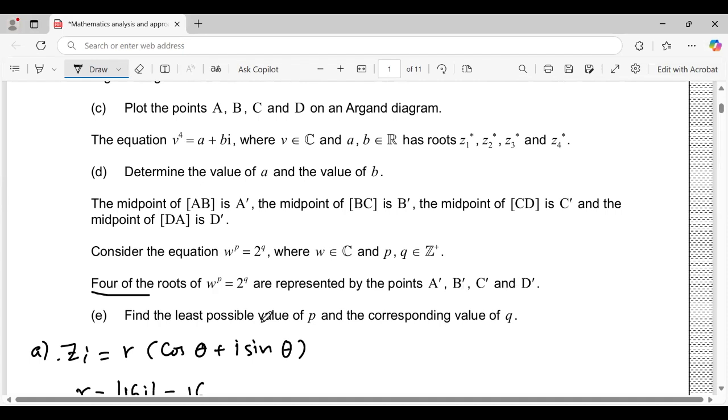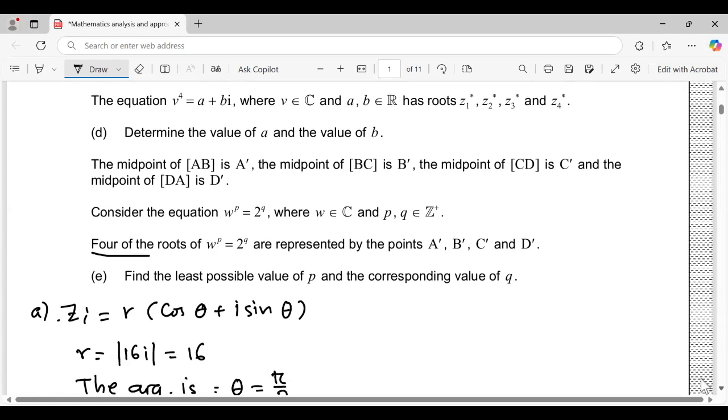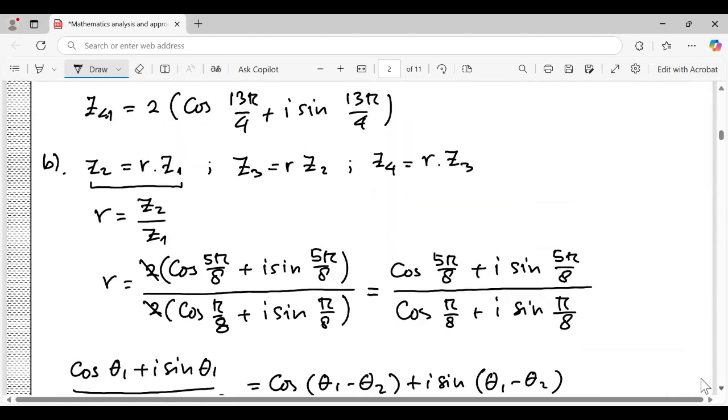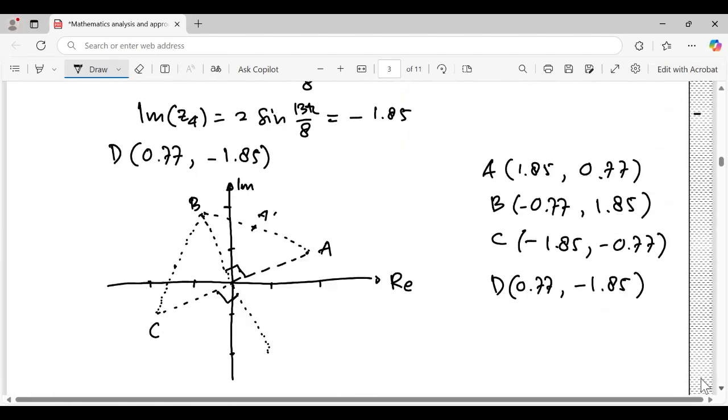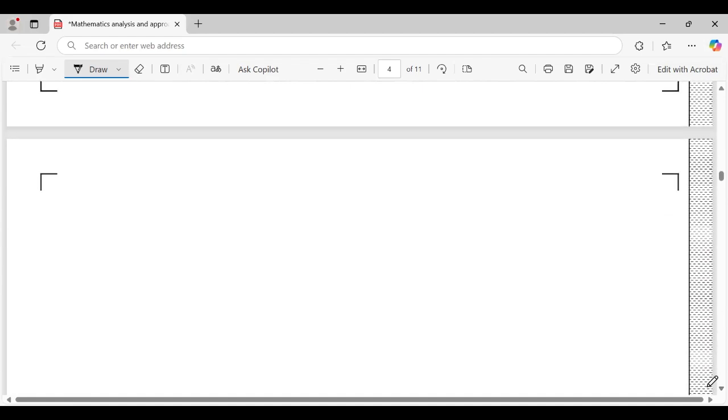Find the least possible value of p and the corresponding value of q. Part E.